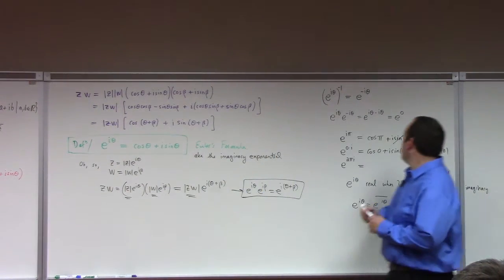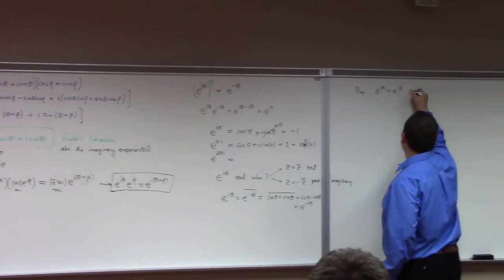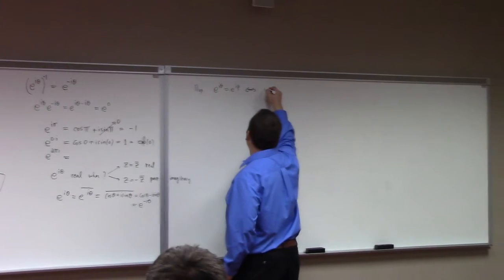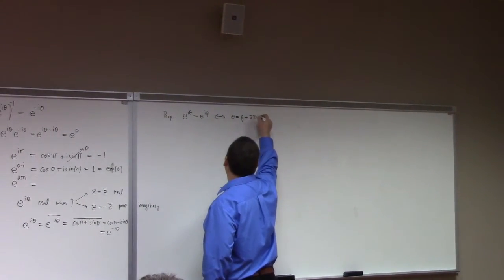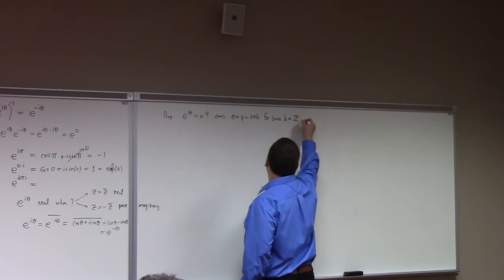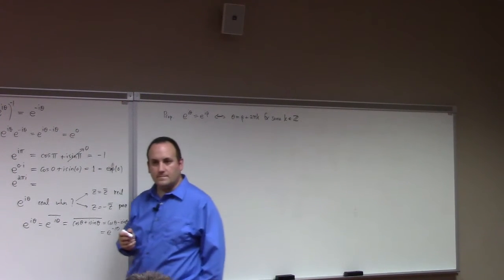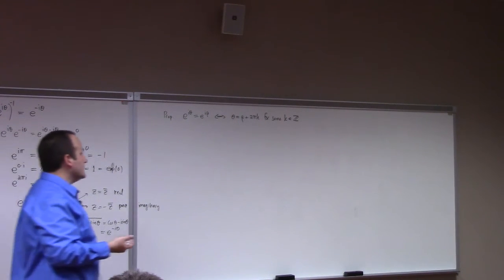So in short, we have this general principle: e to the i theta equals e to the i beta if and only if theta is equal to beta plus 2 pi k for some k in the integers. So when you're solving equations involving imaginary exponentials, we have to deal with this degeneracy. We'll generally get infinitely many solutions.